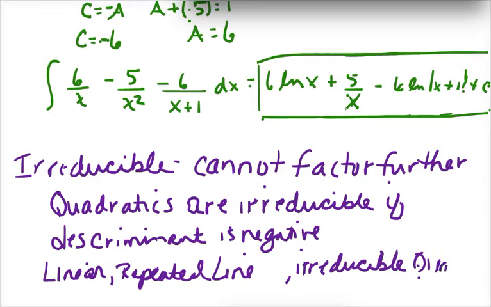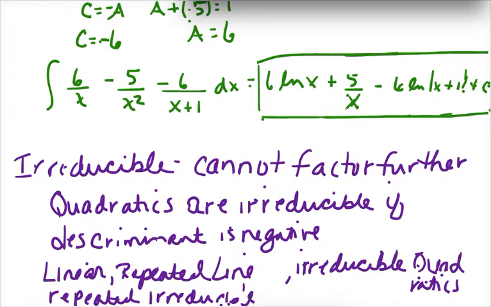And then, to complicate things, we have repeated irreducibles. Okay. So let's use the same process that we've always done, but when we factor and run into a simple irreducible quadratic factor, we have to use a different term.